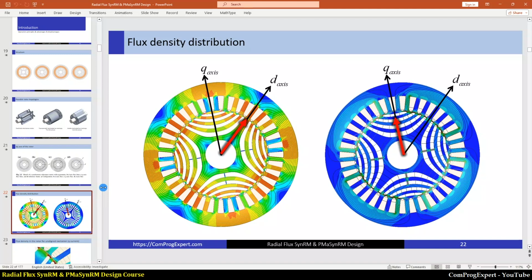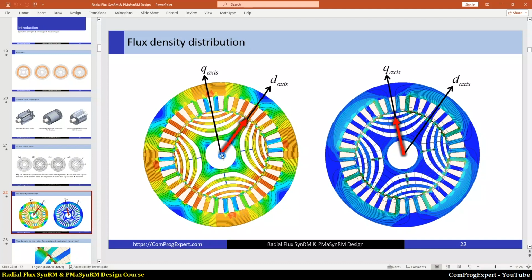Here we have two figures. We will do the finite element analysis and generate these plots later. This red vector shows the stator current phasor.